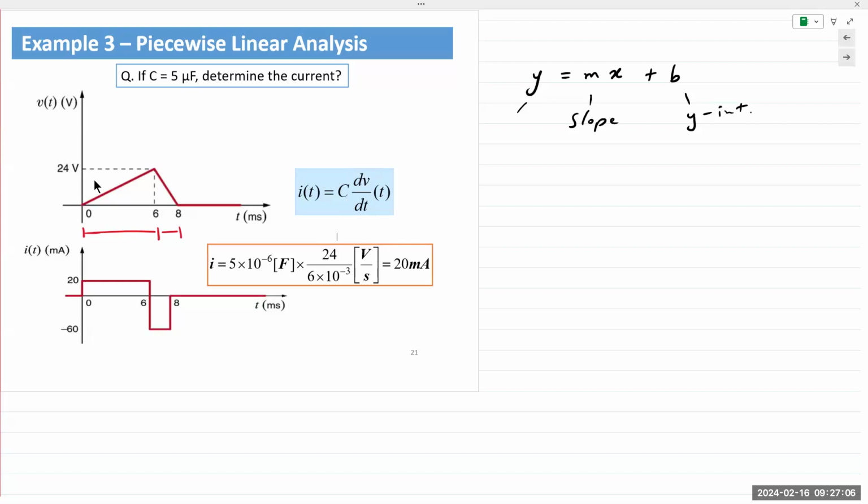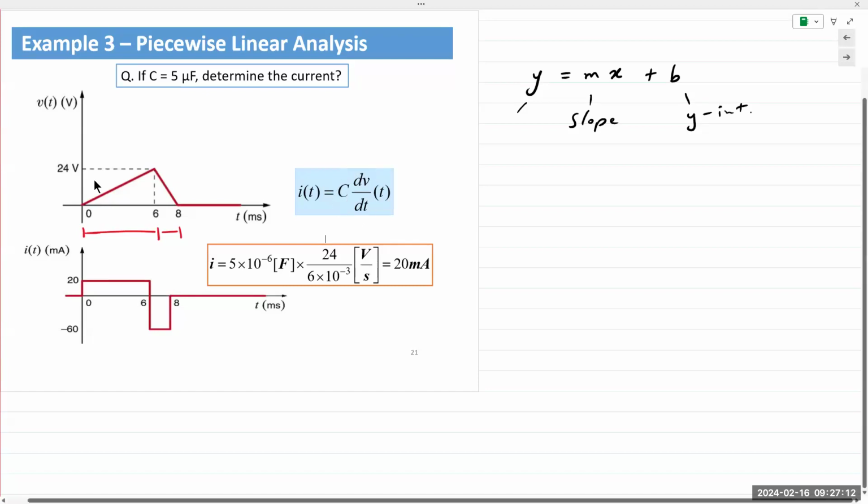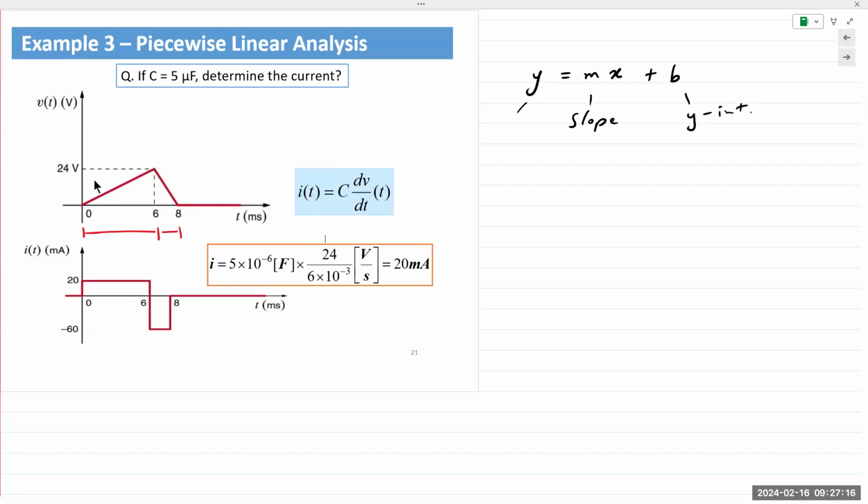So for a capacitor current, all you'd have to do is multiply the capacitance with the slope of that line, and you'd have your answer. And that is the beauty of this technique. Piecewise linear analysis: you break it up into individual pieces, and each piece has a linear relationship with time, which is on the x-axis. So if you describe the slope of that line, it automatically gives you dV over dt.